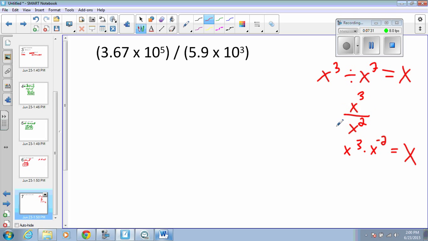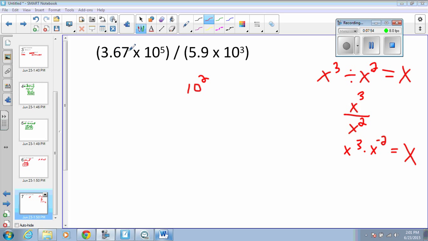If you haven't learned this method, don't worry about it. All you need to know is when I'm dividing exponents, they subtract. When you're dividing with scientific notation, you subtract the exponents. So 5 minus 3 would give us 10 to the power of 2.